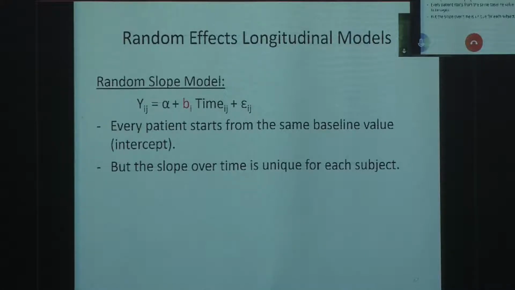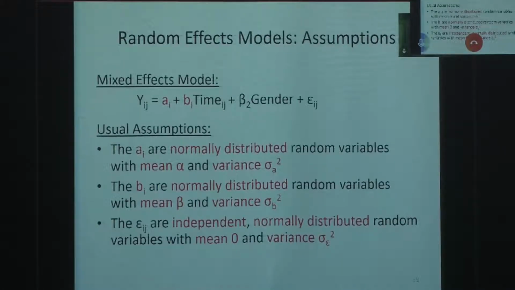So, if I use the full-blown model, beta 2 is my fixed effect, but the A's are normally distributed random variables. If you think about it, the A's form a distribution. Some people have higher values for A, some lower values, so their CD4 counts are higher or lower at the start. But those A's form a normal distribution centered at alpha with a certain amount of variability. And this is sort of the key assumption here, because when I get done running the model, there's 103 people.